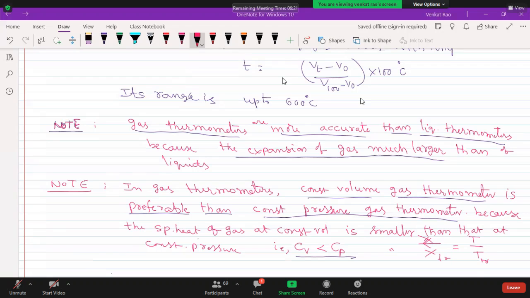They are very accurate among all these thermometers. And another one, they are used to measure rapidly varying temperatures. Right now, we don't know what a thermocouple is. We'll discuss it in second year. Just for information we are writing it.